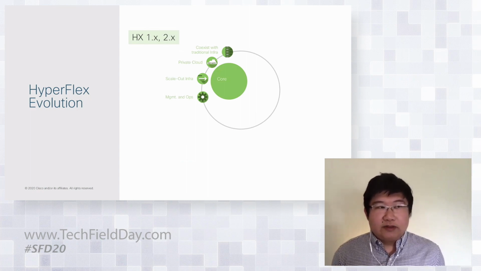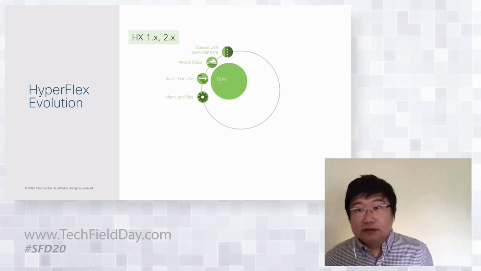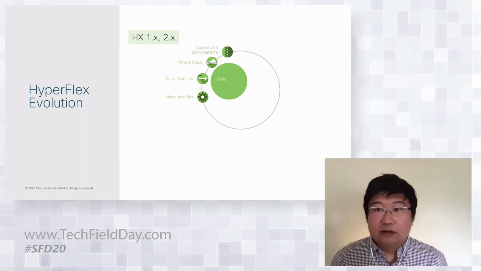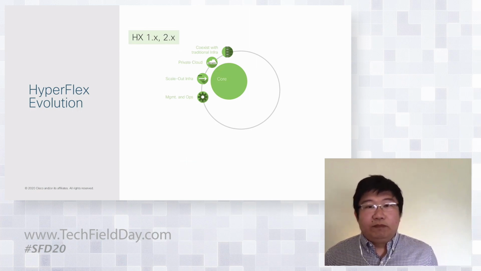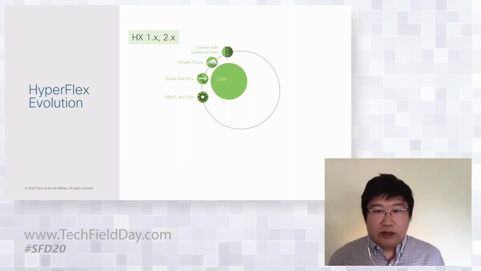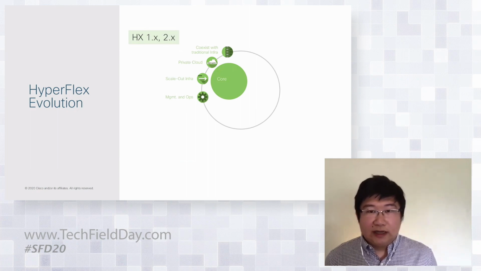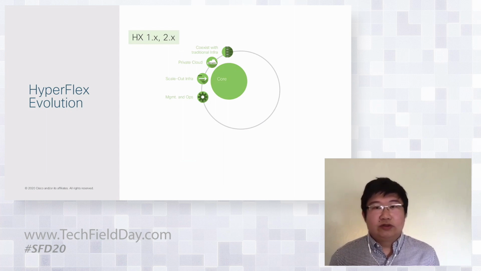This was really about taking a modern scale-out log structure file system, or we sometimes call that the HyperFlex data platform, and really packaging that into an appliance form factor with built-in east-west networking in the form of the UCS fabric interconnects, right? Productizing this on UCS, 1RU, 2RU servers, both in terms of hybrid and all flash.